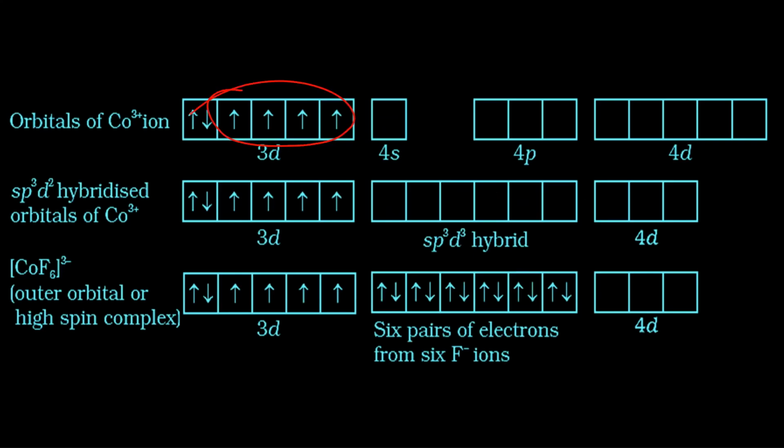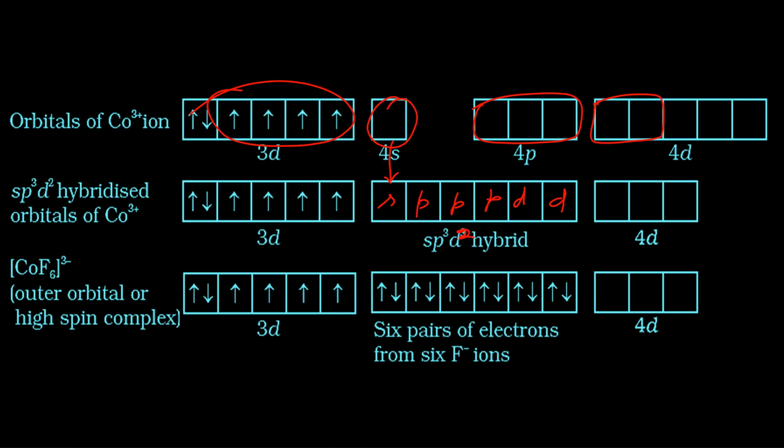And if pairing will not take place, the next 6 you need will start from S. Then these 3P, 4. And then you need 2 from D. These 2 from D. 1, 2, 3, 4, 5, 6. It is 2 here, not 3.